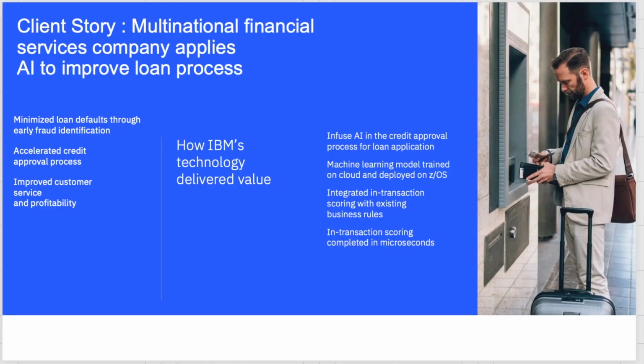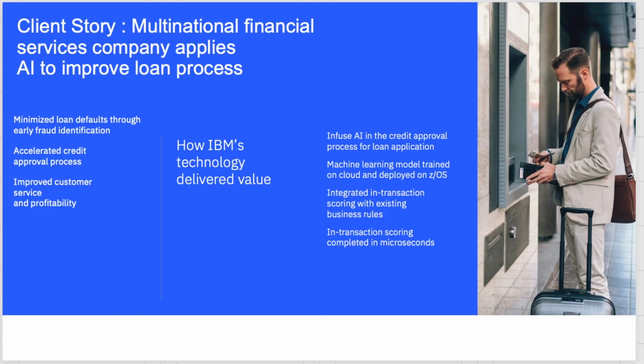To talk about client stories, there's a multinational financial services company that applies AI to improve loan processes in the banking sector. The challenge was that the client achieved minimized loan defaults through early fraud identification and an accelerated credit approval process, improving customer service and profitability. How did this technology deliver value?